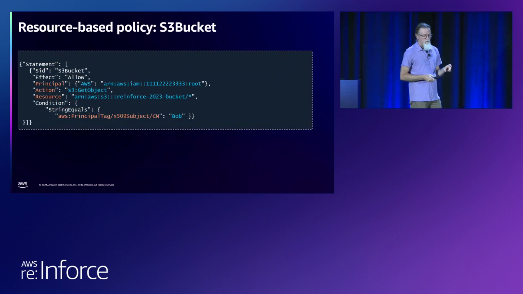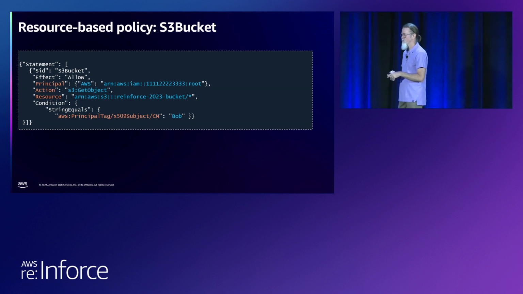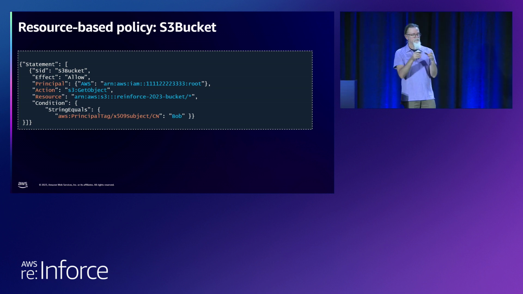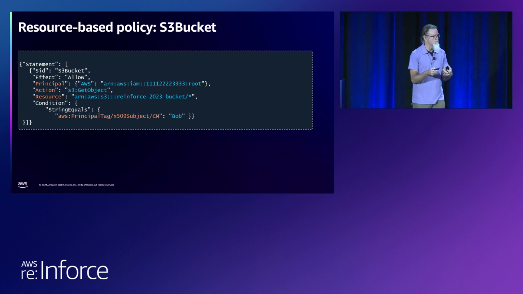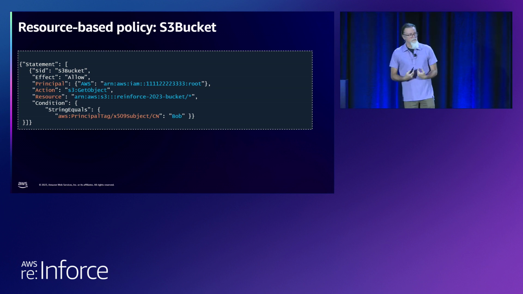The properties are also in the session transitively, which I mean in two different ways. Once I've authenticated, the session I get back, if you're familiar with STS, you get a session token. All of those tags are in that session token.